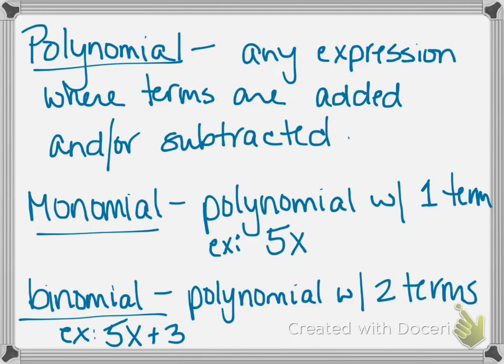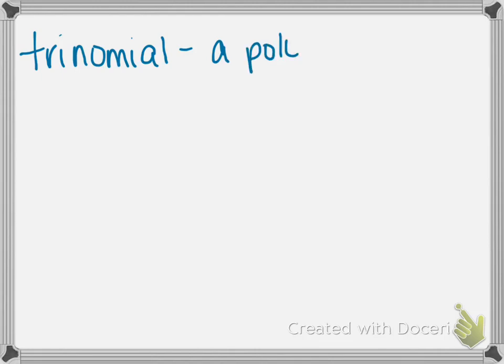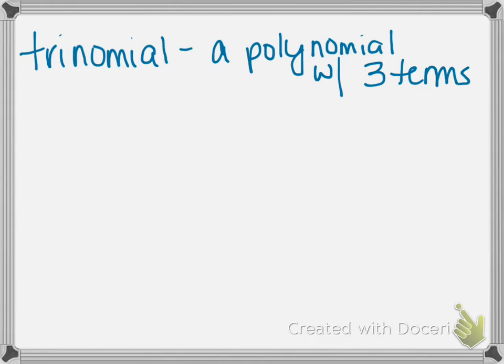There are 2 different terms. Then we have a trinomial, which I'm sure you've guessed by now is a polynomial with 3 terms. So if we have x squared minus 4x plus 3, that would be a trinomial.